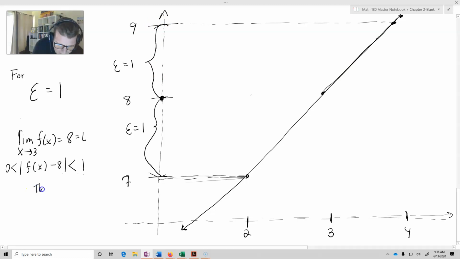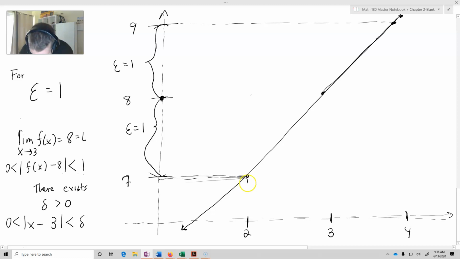Now we want to find there exists a delta greater than 0, and this one is going to be in the x's, such that the absolute value of x minus 3 is greater than 0 but less than delta. So I'll just draw down onto my x's. There it goes to 2, and then we know that x plus 9 is going to go out to 4, okay?